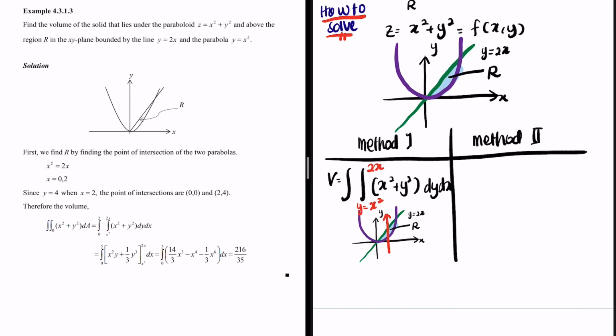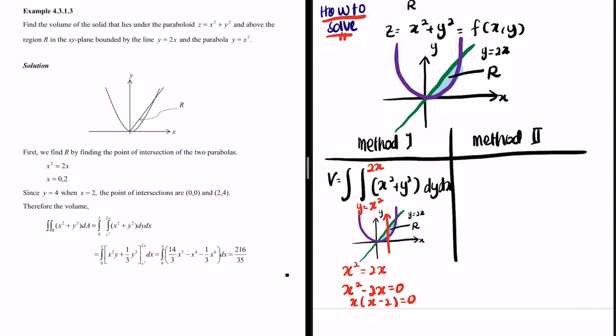So what should I do right after this? I have to observe along the x-axis. Based on your observation, they will intersect at x is equal to 0 and another value of x. So right now I have to solve these two equations simultaneously, such as x squared equal to 2x, x squared minus 2x equal to 0, and x times (x minus 2) equal to 0.